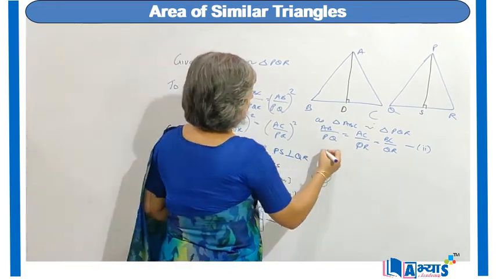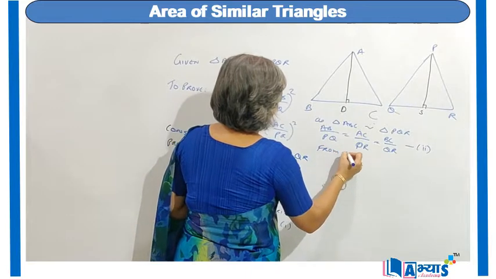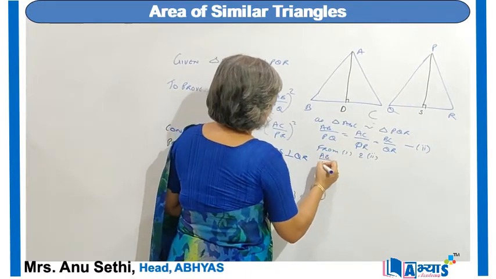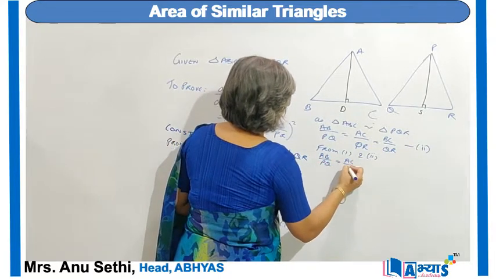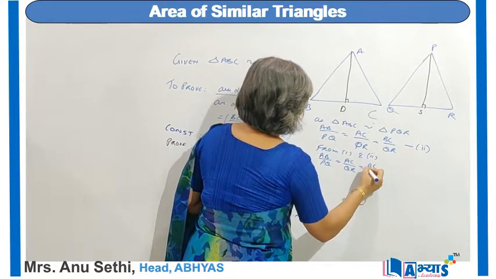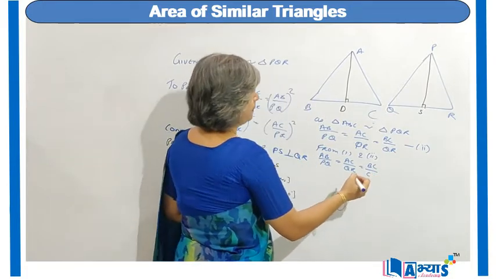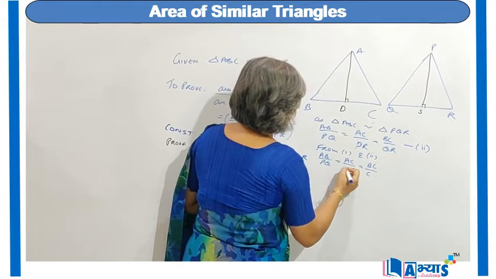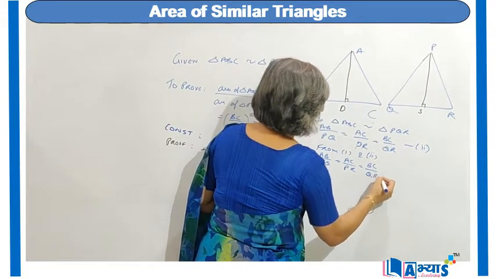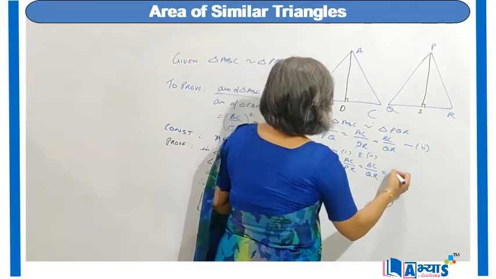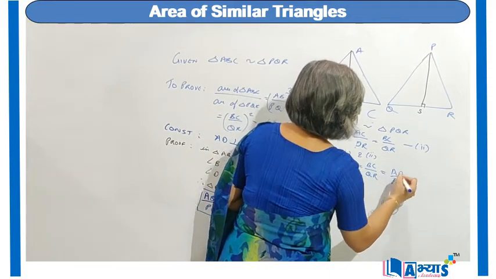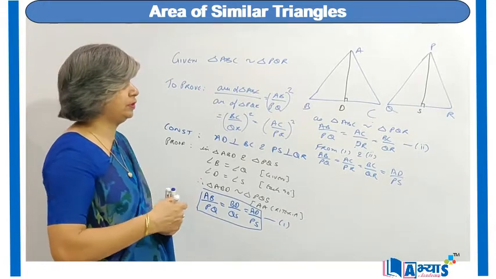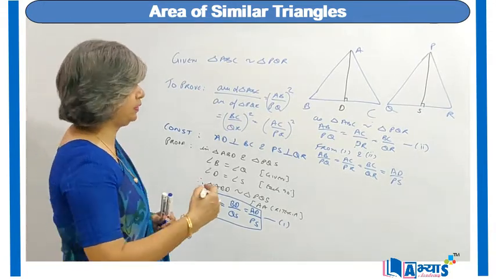From 1 and 2, we can say that AB upon PQ is equal to AC upon PR is equal to BC upon QR is equal to AD upon PS. So the ratio of the corresponding sides is equal to the ratio of the perpendiculars.